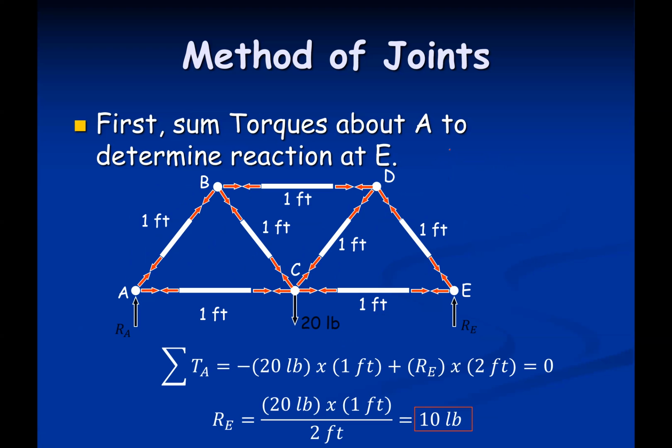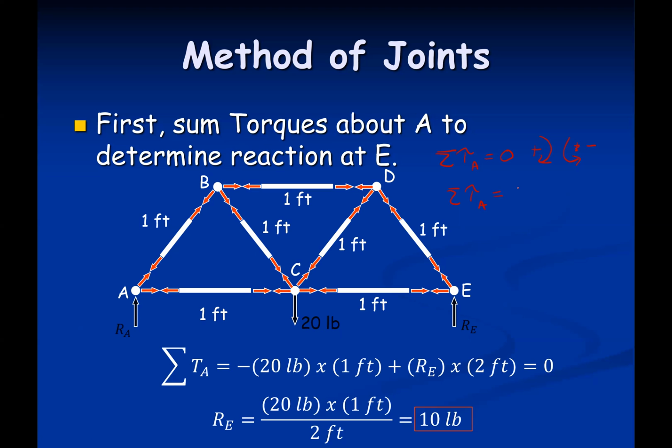If I write that out in an equation first, I'd say the summation of torques about A must be equal to 0, with clockwise positive and counterclockwise negative. What torques do you have?